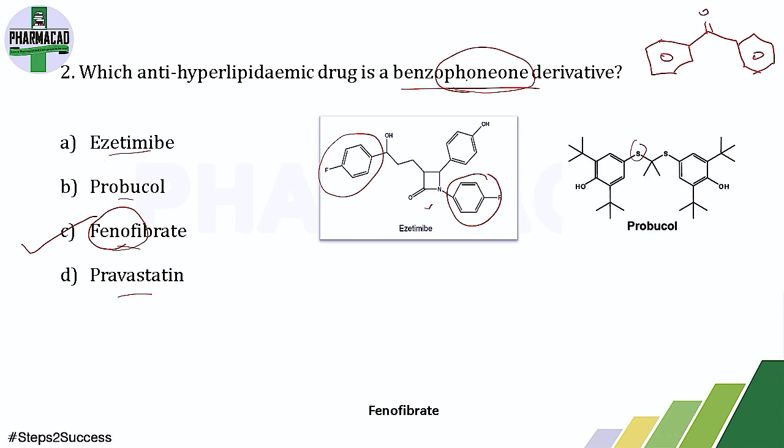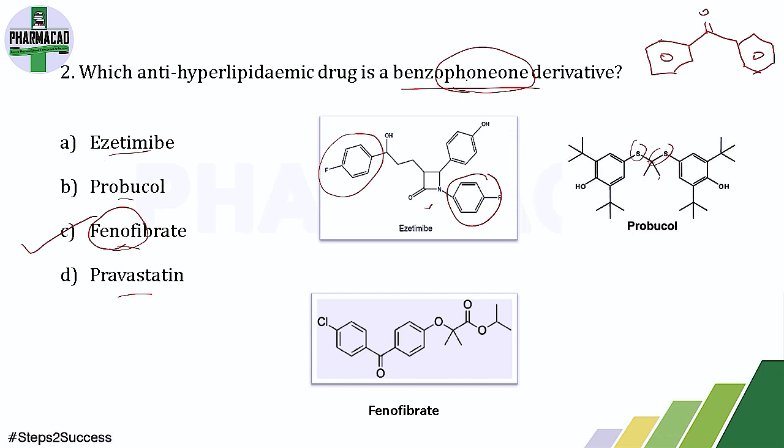You can see here dithio, and here we have a phenolic-like structure. So this is the structure of probucol, and we can call it propane 2,2-dithiol. That is, we have 3 carbons over here and 2,2-dithiol. So that is the structure for probucol.